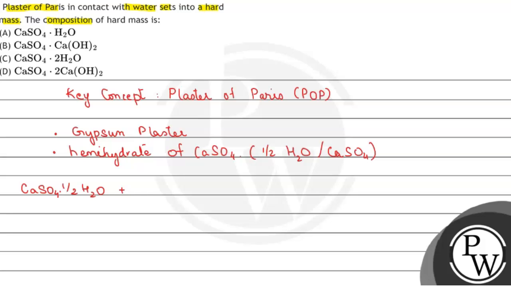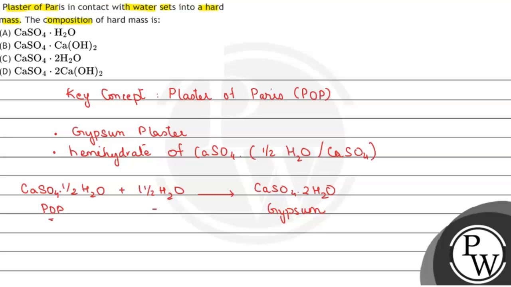When this plaster of Paris absorbs water, so we can write its reaction with water, it will form CaSO4 dot 2H2O. अब ये क्या कंपाउंड फॉर्म हुआ है? It is known as gypsum. Okay, so gypsum is formed when plaster of Paris absorbs water.